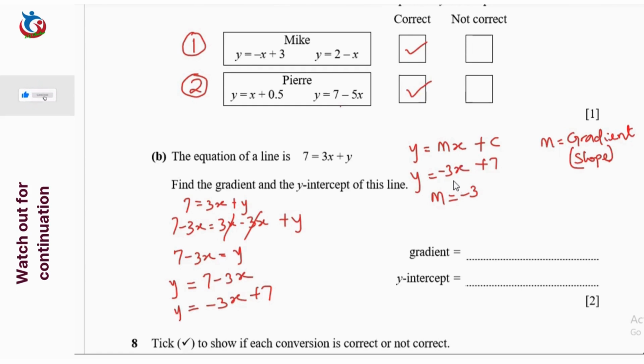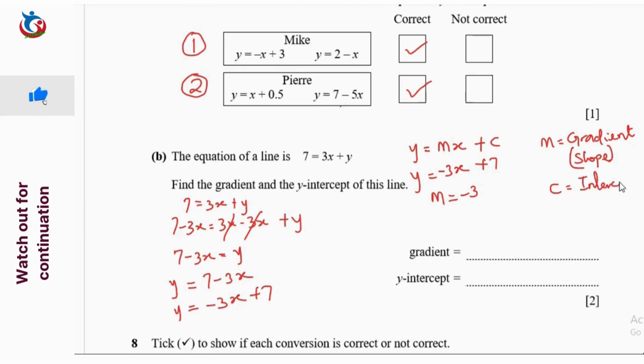So you just have to rearrange your equation such that it fits the linear equation. The linear equation is y is equal to mx plus c. M is the gradient or the slope, while c is the intercept.